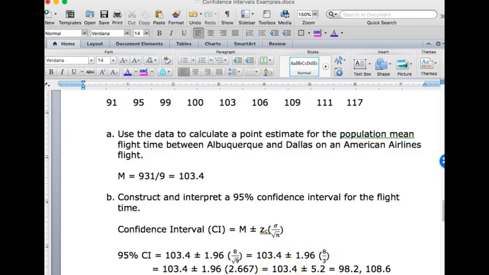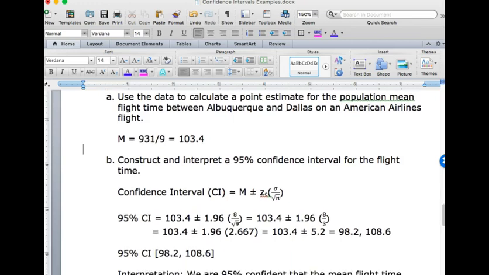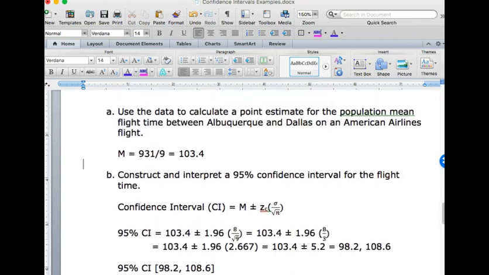And now I get to subtract and then add these two values. So I always subtract first because that gives us the lower bound of the interval, right? So 103.4 minus 5.2 gives us 98.2. And when we add the two numbers, we get 108.6. So there's our confidence interval. This is how we write it out.